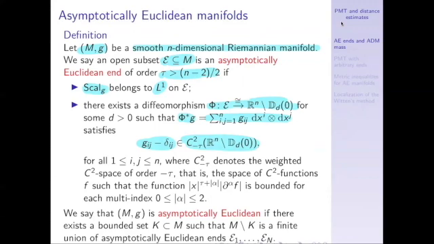Now, we say that the Riemannian manifold (M,g) is asymptotically Euclidean if there exists a bounded set K such that M minus K is a finite union of asymptotically Euclidean ends.